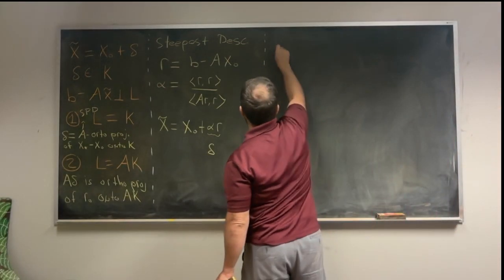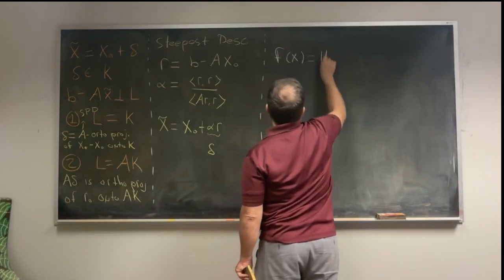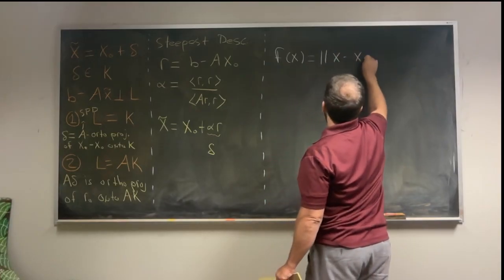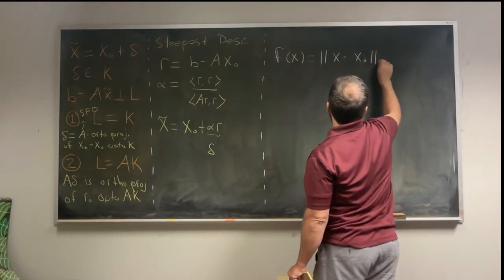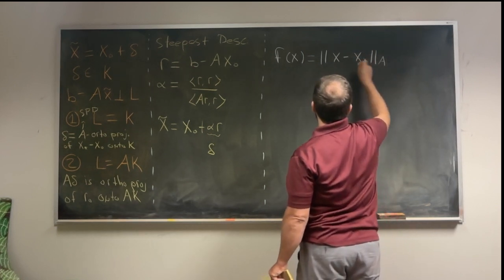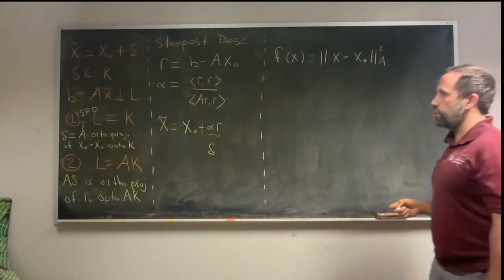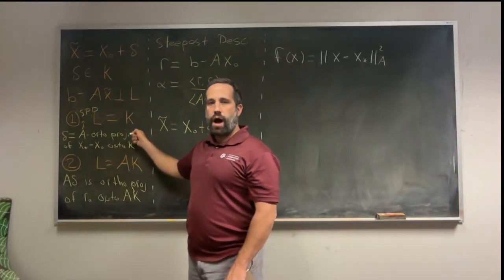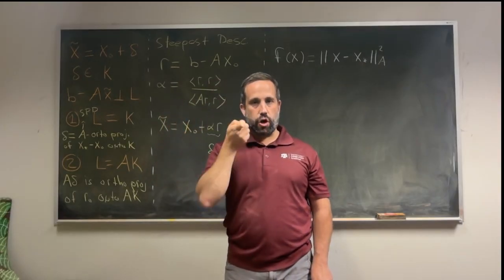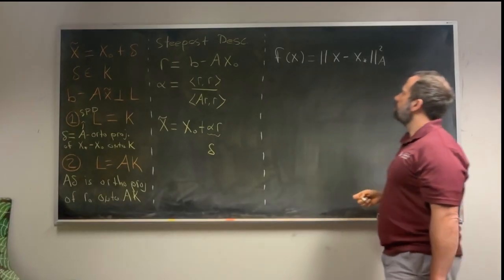We're trying to minimize the function f of x, which is x minus x star, where x star is the actual solution. We're trying to minimize this in the A norm. Remember, we're trying to minimize the error between the current guess and the solution in the A norm. That's what we're doing in this setting right here.